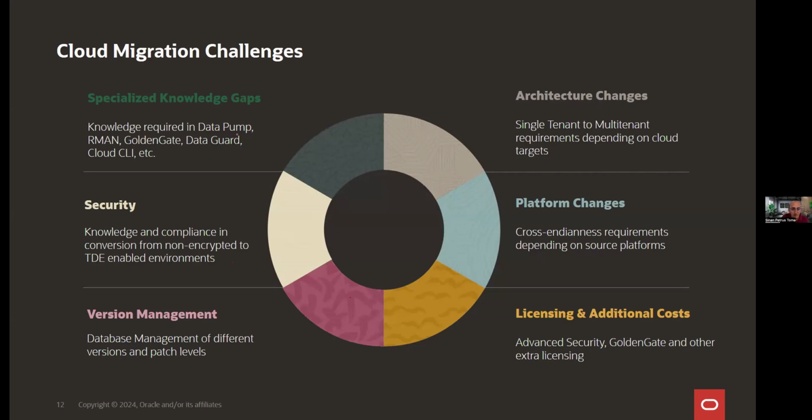To the cloud is the specialized knowledge that you might need to acquire, especially if you need minimal downtime for your migration, while you will need additional products like Data Guard and GoldenGate. Also the licensing that is required, especially for GoldenGate, to use for your migrations.